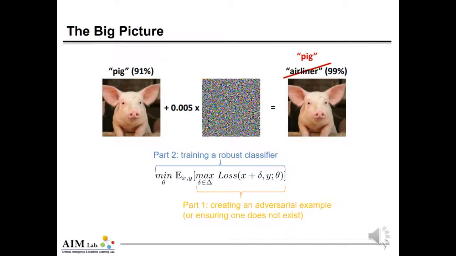This objective function consists of two portions. The first one is inner maximization, which is finding adversarial examples or verifying that adversarial examples cannot exist. And the second portion is outer minimization, which is training a robust classifier against adversarial examples.